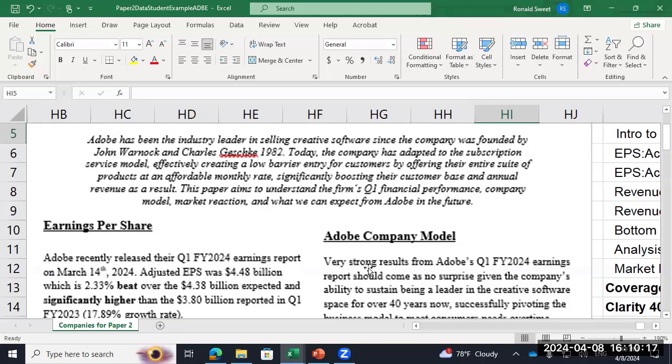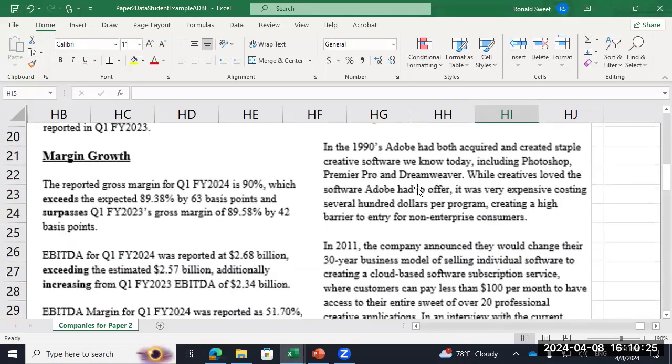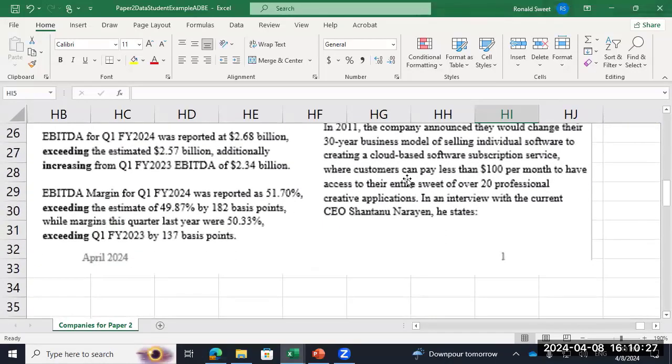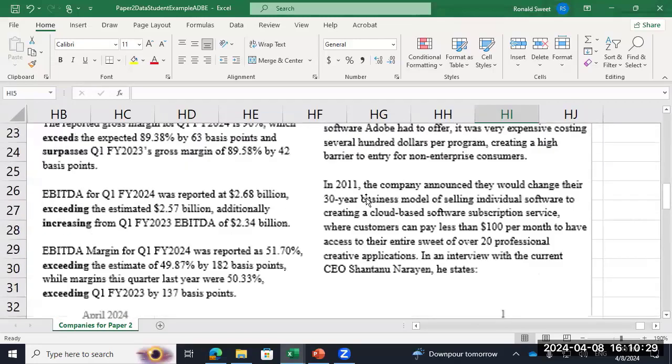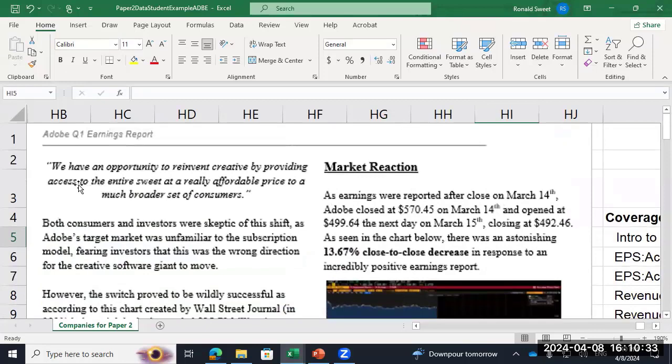So let's say if he's negative, very strong results for Adobe's earnings should come as no surprise, ability to sustain. Yeah, they are a leader since the 1980s. So he's giving me some history. Gave a quote, we have an opportunity to reinvest. Both customers and investors were skeptical of this shift.